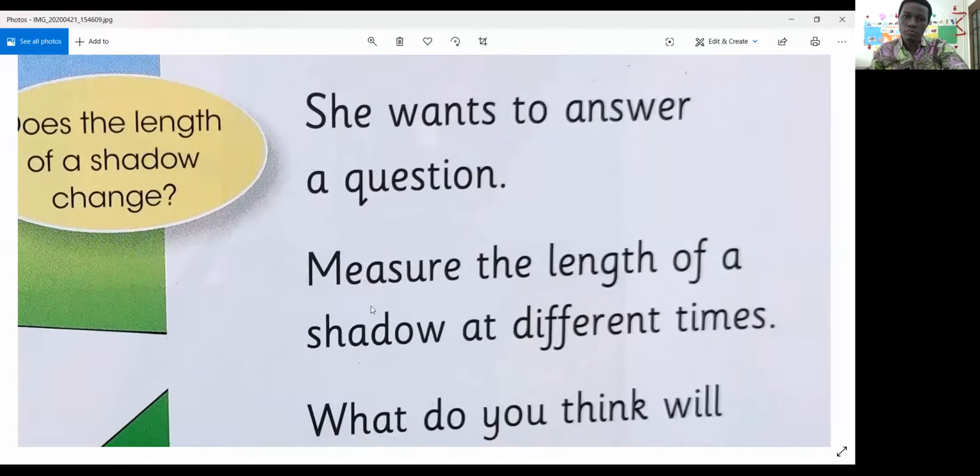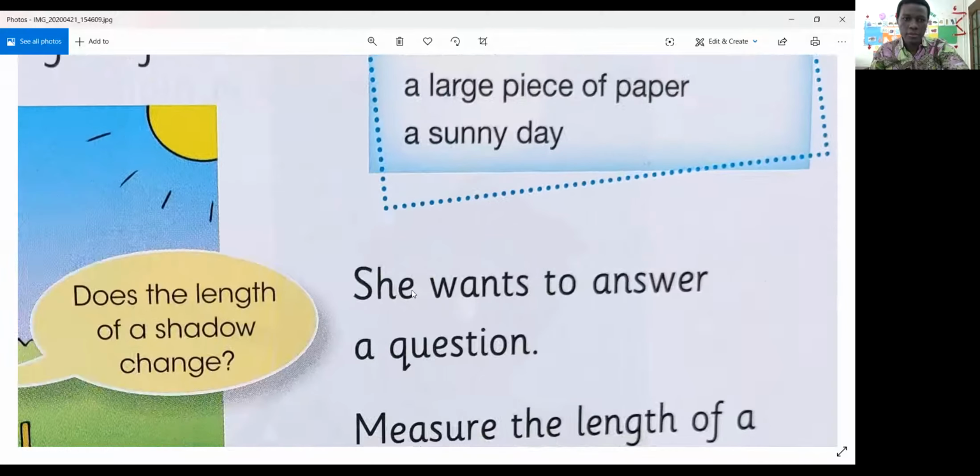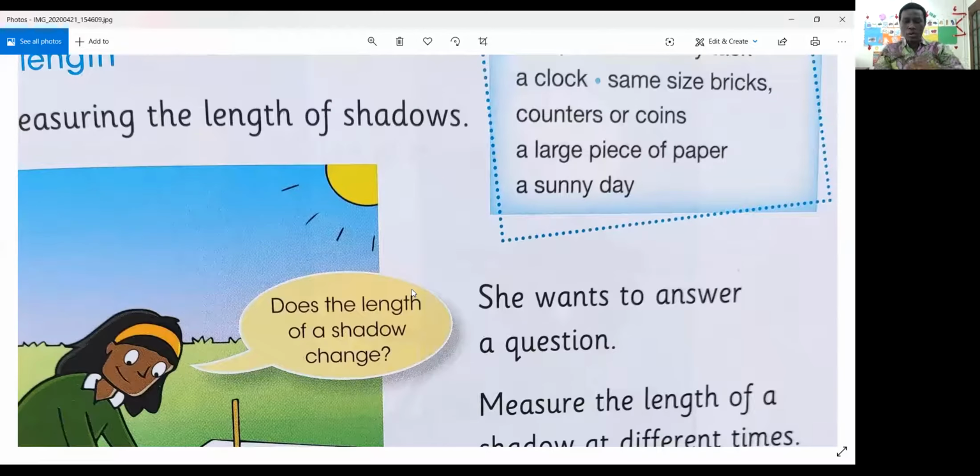Easy to make and practice. So the question she wants to answer is, does the length of a shadow change? Would it be longer, shorter? Do you have any idea about it?